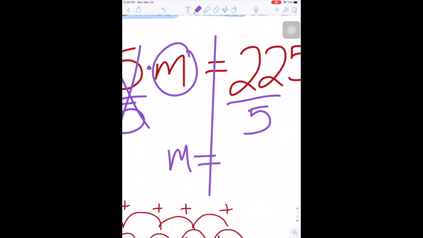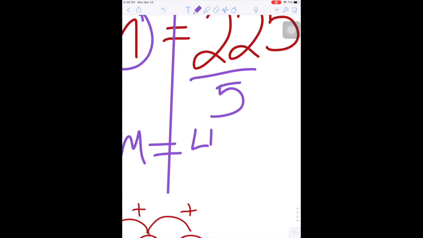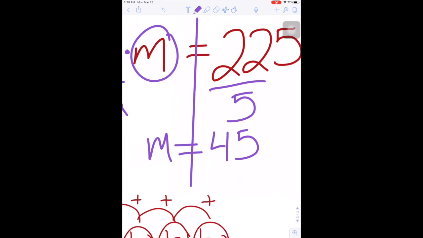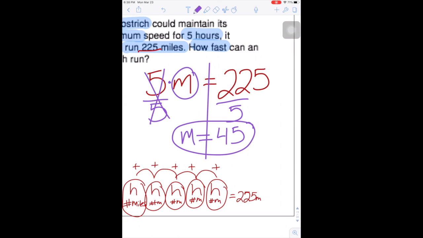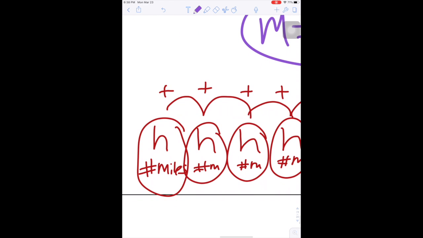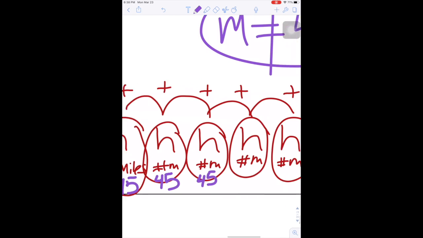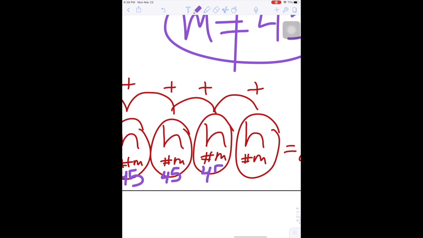So that means that for every hour he ran, he went the distance of 45 miles. So that means down here, he did 45 miles, 45 miles, 45 miles, 45 miles, 45 miles.